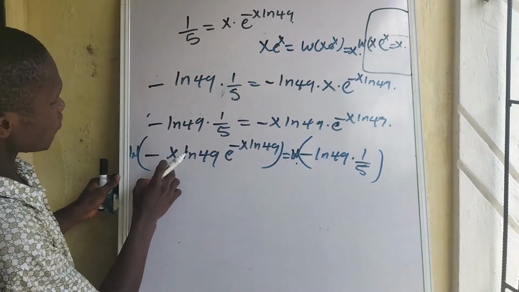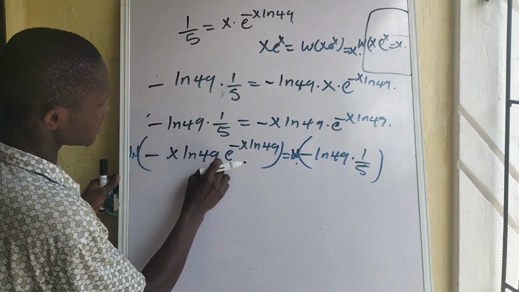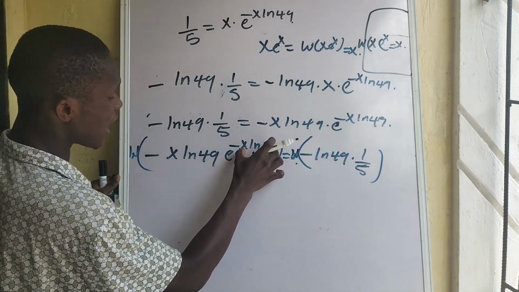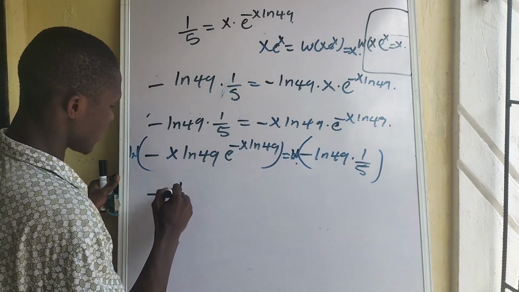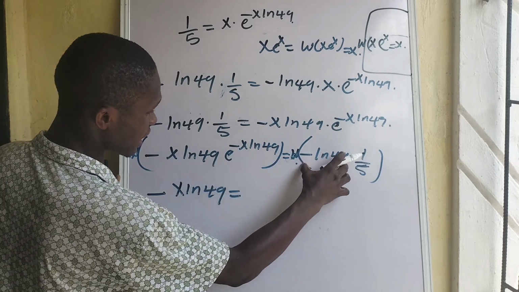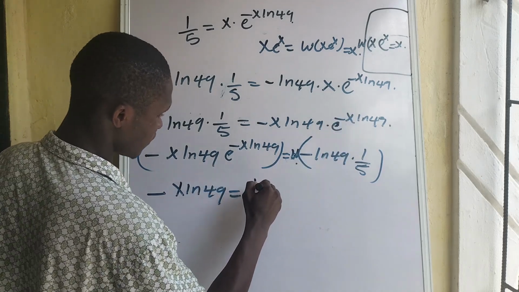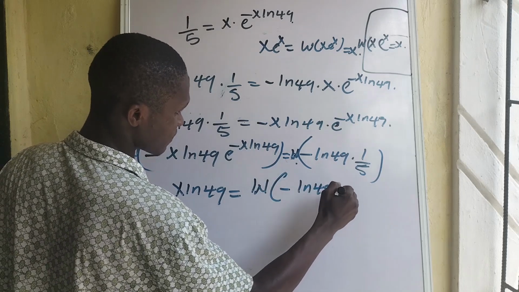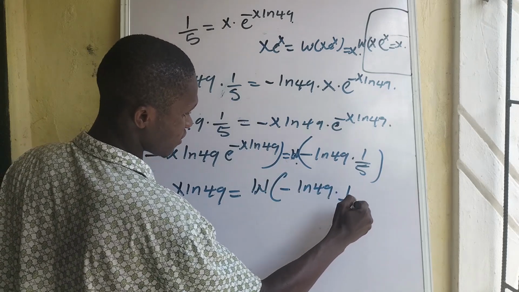So if we take this, minus x ln 49 exponential minus x ln 49, we are going to have minus x ln 49 equals the Lambert W function of open bracket minus ln 49 times 1 all over 5.